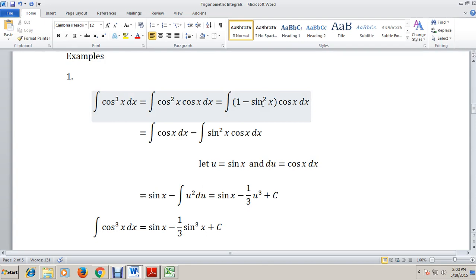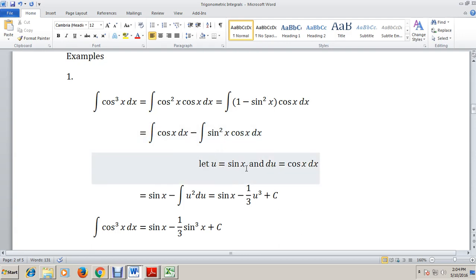Okay, so doing that, we have cosine x dx times 1, so this becomes integral of cosine x dx minus, the next term becomes integral of sine square x cosine x dx. Okay, so from here, we need to realize that for the second part of the integral, we make use of the substitution of letting u equal to sine x, the base of sine square x.